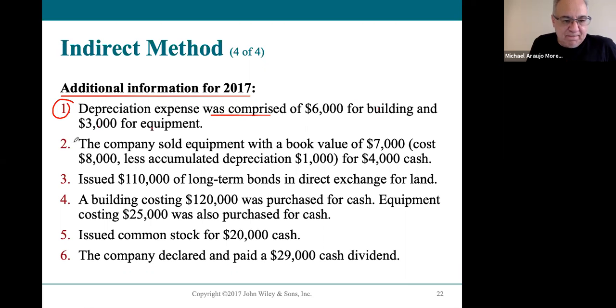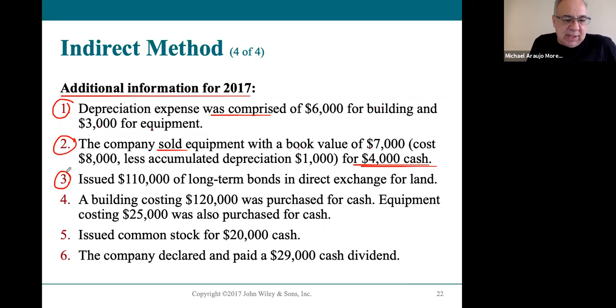So note that. Second thing you need to know is the company sold equipment with a book value of $7,000, which cost $8,000, but then you had $1,000 of accumulated depreciation, so the book value was $7,000. But they sold it for $4,000, right? That's a $3,000 loss.